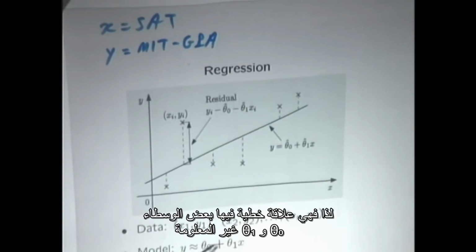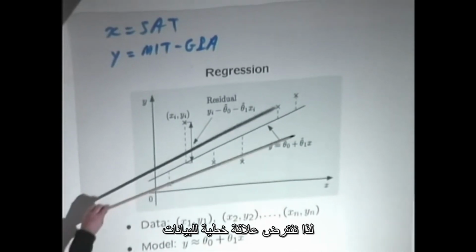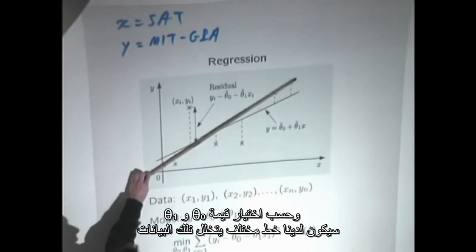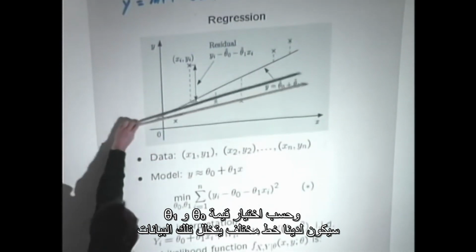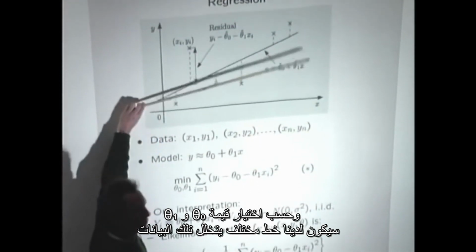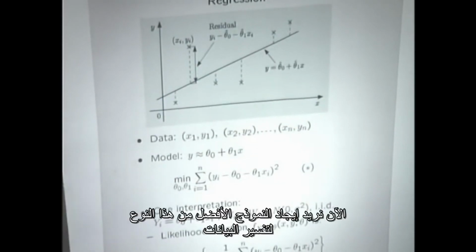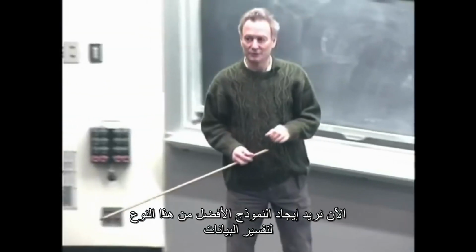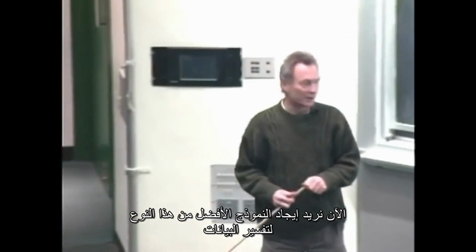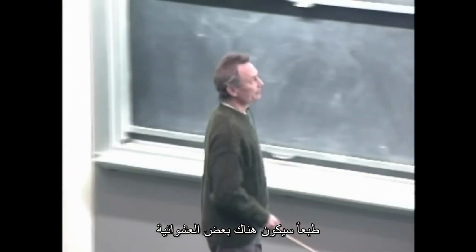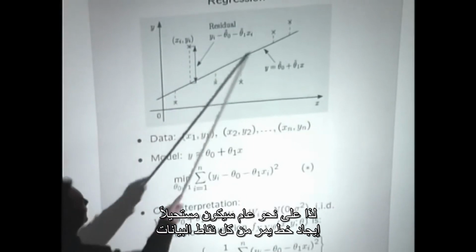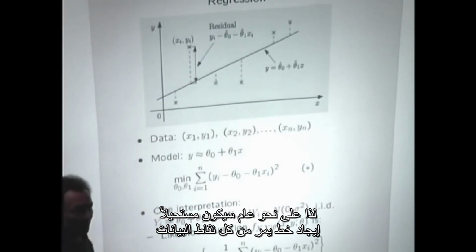So it's a linear relation with some parameters, theta naught and theta 1, that we do not know. So we assume a linear relation for the data, and depending on the choices of theta 0 and theta 1, it could be a different line through those data. Now we would like to find the best model of this kind to explain the data. Of course, there's going to be some randomness. So in general, it's going to be impossible to find a line that goes through all the data points.